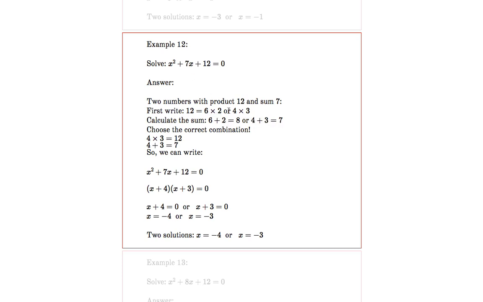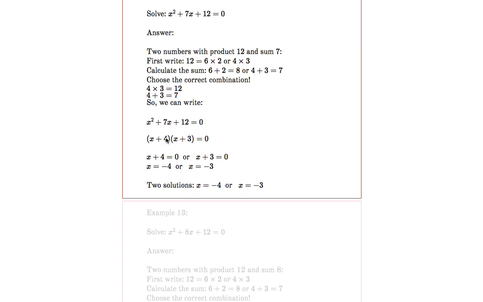So you just find all different combinations of numbers whose product is 12. Another one is 12 times 1, but then you get 13, and we just want to have 7. So we are really happy with 4 plus 3.